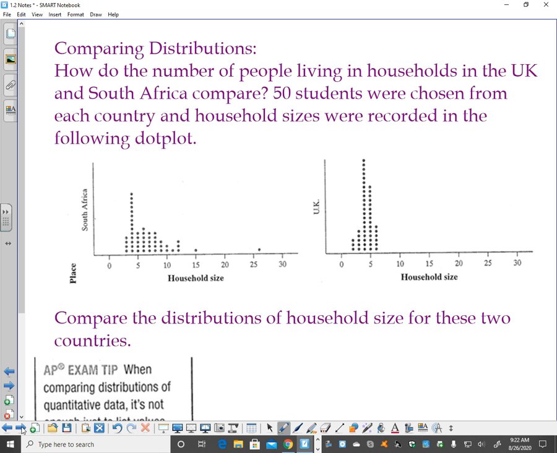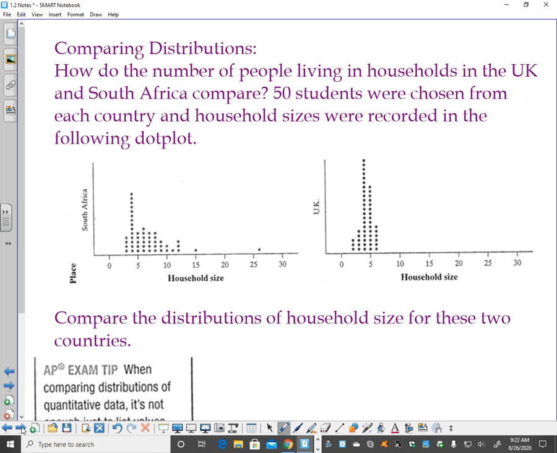Let's look at this before we dive in. South Africa looks like from 3 to 12 with 1 at 15 and 1 at 26. And then UK goes from 2 to 6, and that's it.